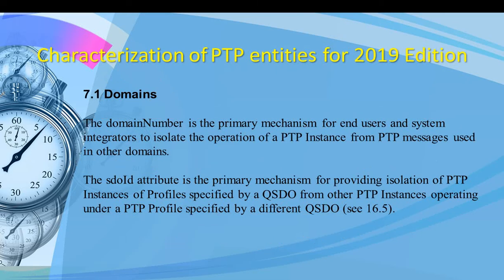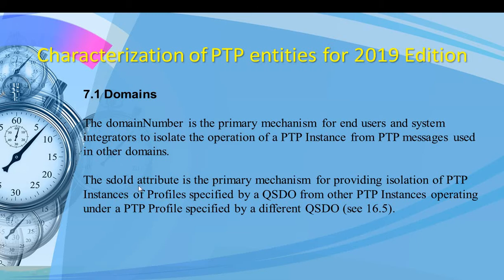For the PTP domains in the 2019 version, the domain number is the primary mechanism for end users and system integrators to isolate the operation of a PTP instance from PTP messages used in other domains.